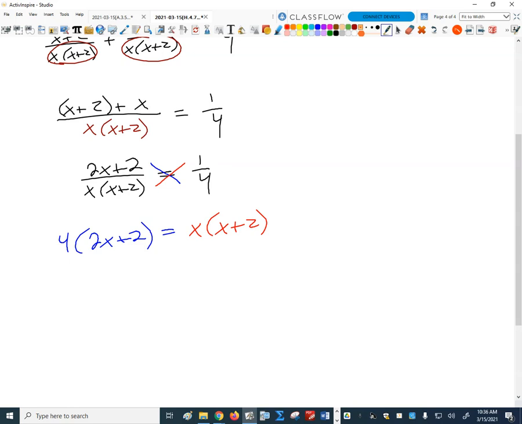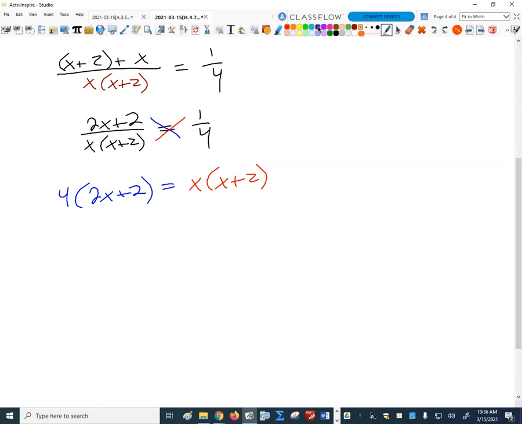And now we can see that I could turn this into a quadratic equation in standard form eventually. If I distribute the 4 over here, what am I going to get? 8x plus 8 equals, if I distribute, x squared plus 2x.